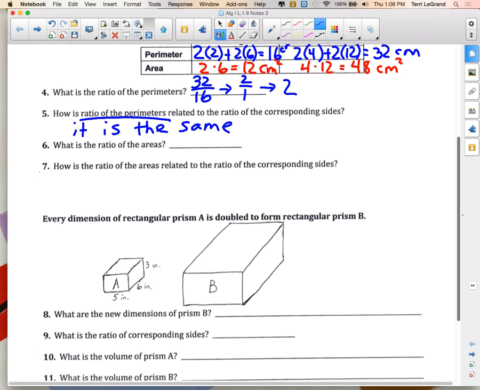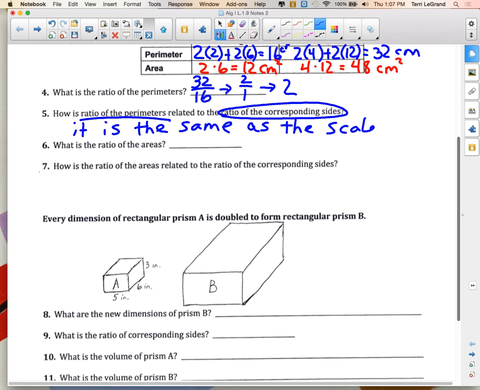You know what I would like to do with this right here? That's a long thing to write out, and it doesn't make a whole lot of sense to us. Because what should happen every time we have a ratio of corresponding sides? We should get the scale factor.